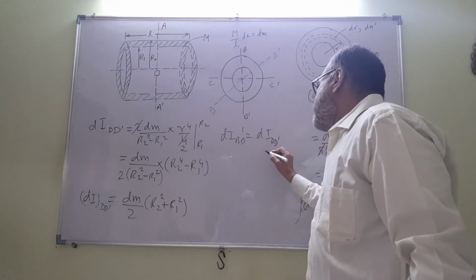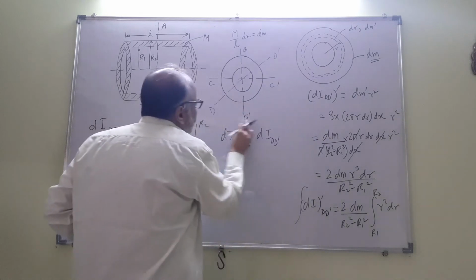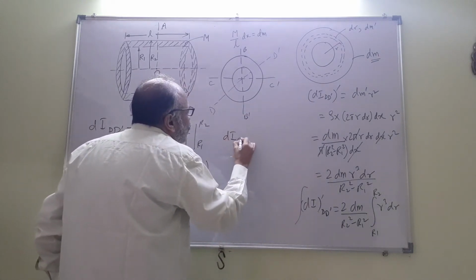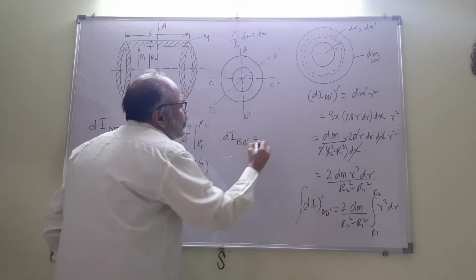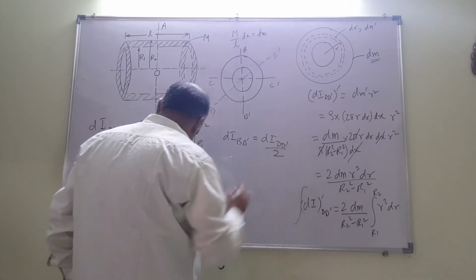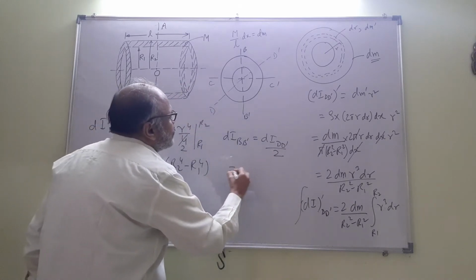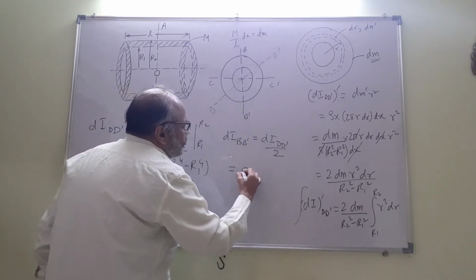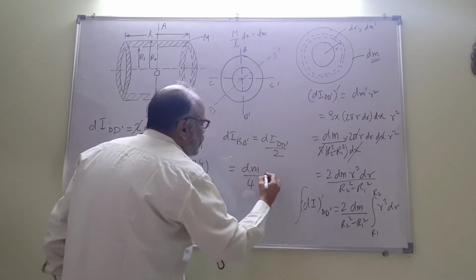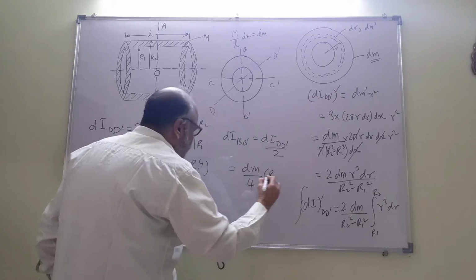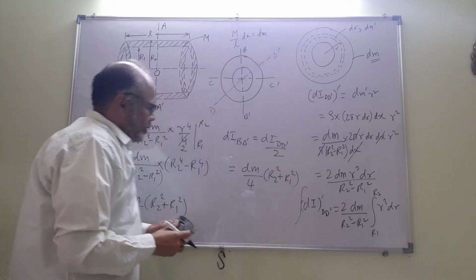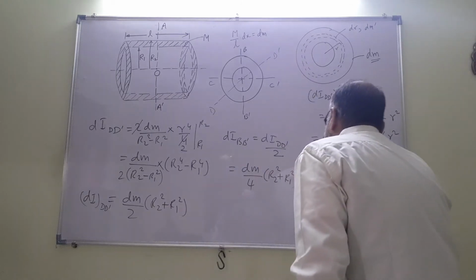You have dI BB dash equal to dI DD dash by 2. So the moment of inertia dI BB dash would be dm by 4 into (r2 squared plus r1 squared). That would be dI BB dash.